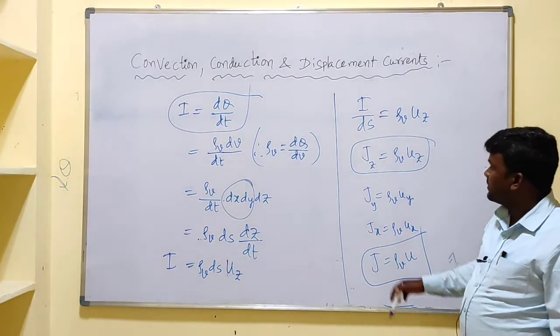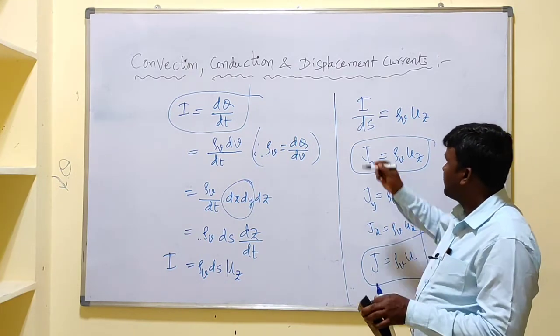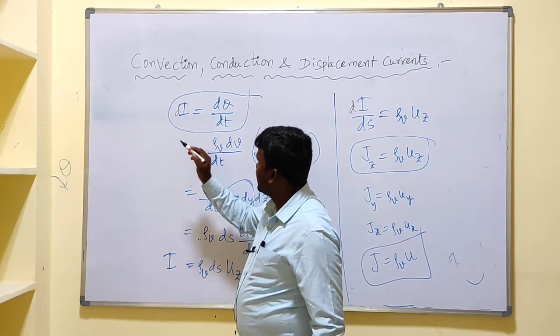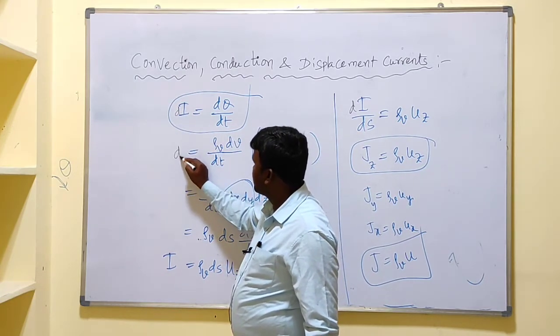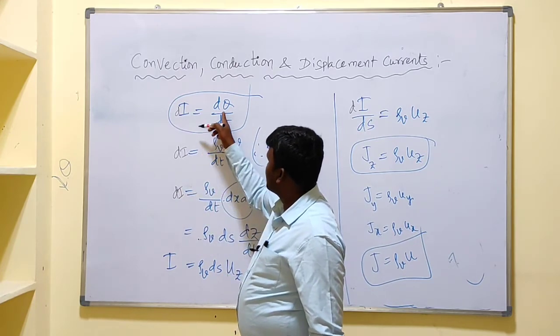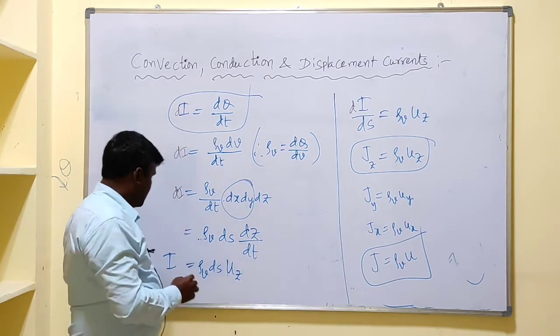Here we can take di by ds, modified a little: di equal to dq by dt. If time changes, charge changes, then current also changes.